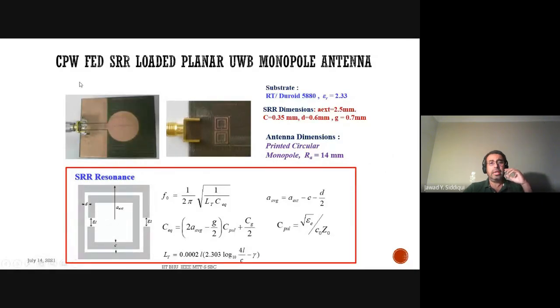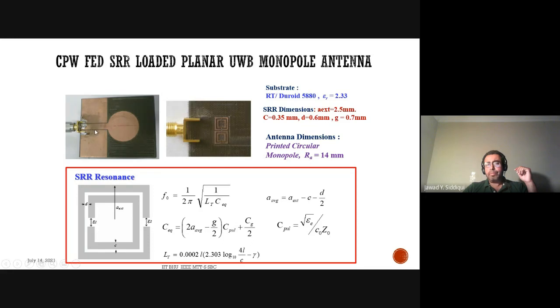So this is a coplanar waveguide fed loaded planar ultraviolet monopole antenna. As you can see, this is a very simple circular monopole antenna. You flip it and you see two split-ring resonators placed in a particular way. This is the signal line of the coplanar waveguide. These are the common ground planes of the coplanar waveguide.